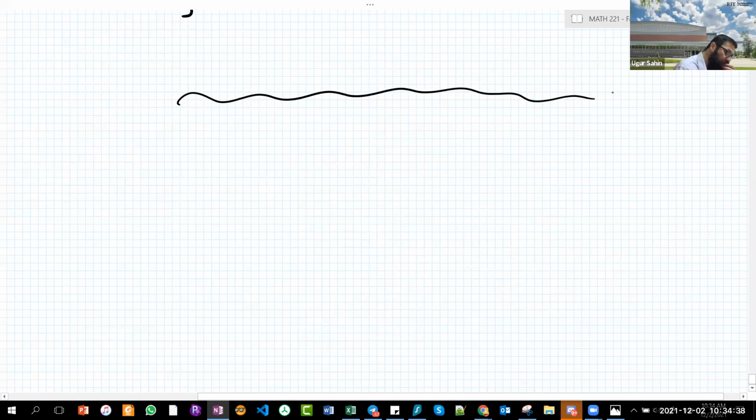So that part was just the surface integral problem for the scalar function, guys.